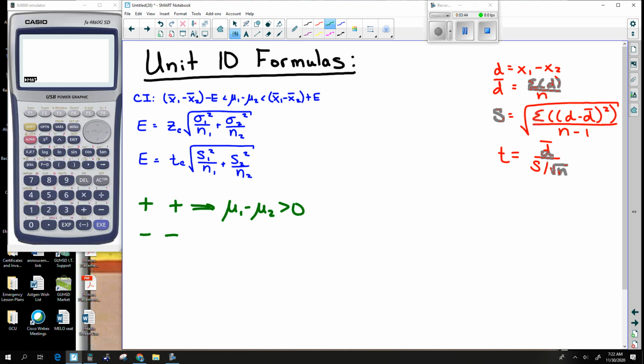If it's negative, that implies mu1 minus mu2 is less than 0. And if it's negative to positive, that implies mu1 minus mu2 is question mark to 0. We are unable to determine a difference.